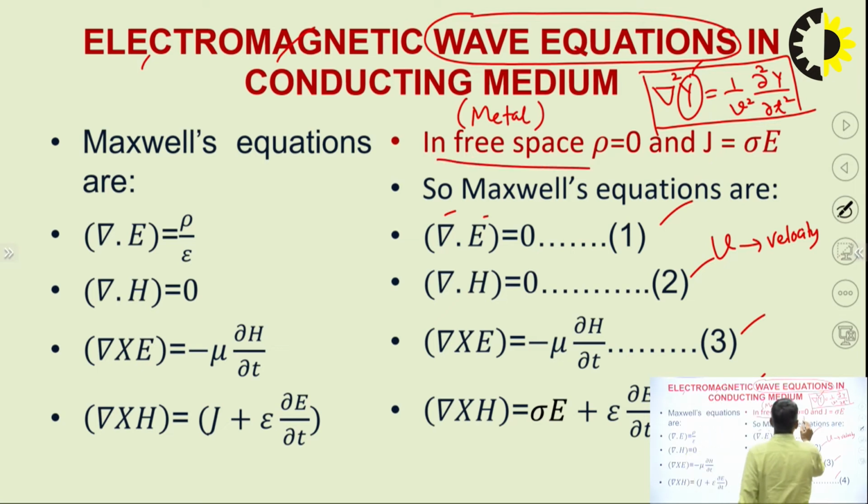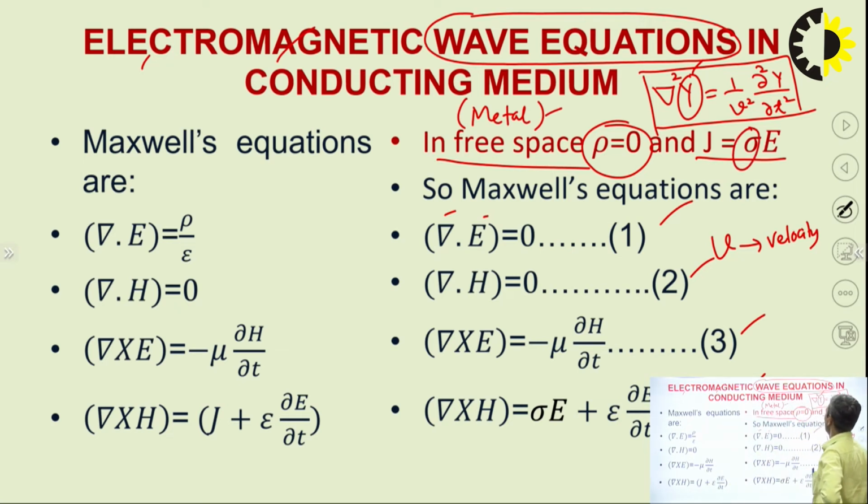In free space or in a conducting medium, the volume charge density will be 0 and J will be sigma E, where J is the current density and sigma is the conductivity. If it is a metal, the conductivity is very high, and E is the electric field.